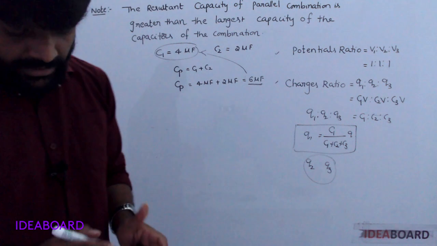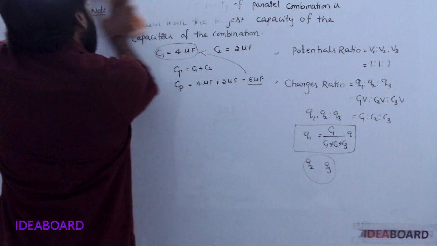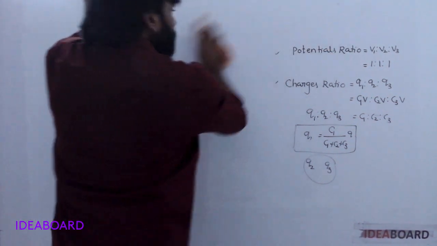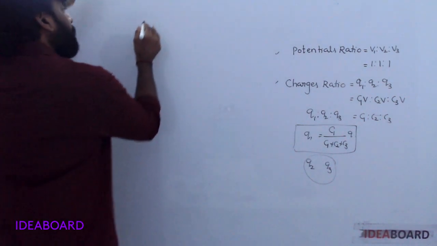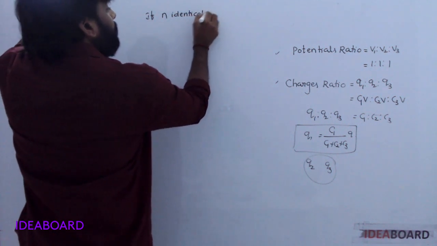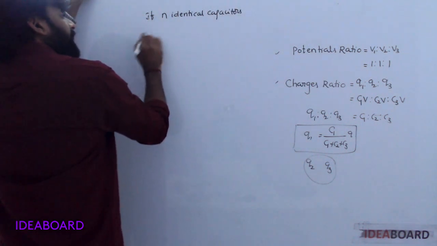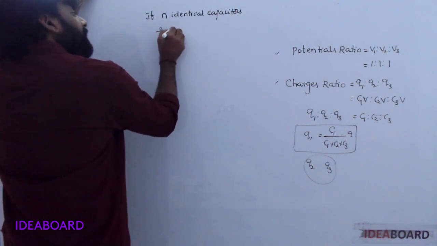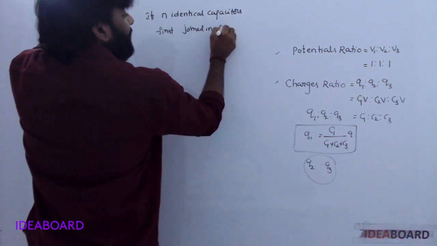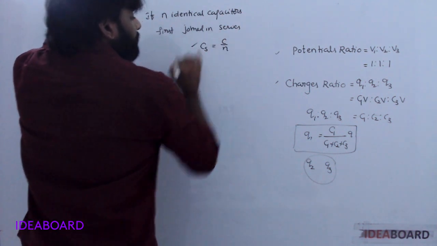Okay. If n identical capacitors are first joined in series, C series is equal to C by n.